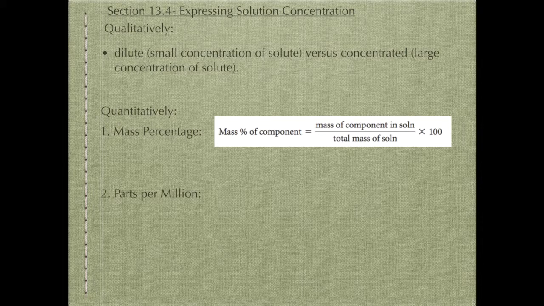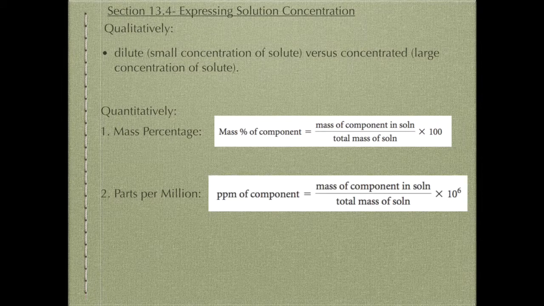The next way of quantitatively expressing solution is parts per million. Parts per million is extremely similar to mass percent, but instead of being for every 100 grams of solution, it's per every million grams of solution. So you take the mass of the component that you're interested in, divide it by the total mass, but this time you multiply by 1,000,000.